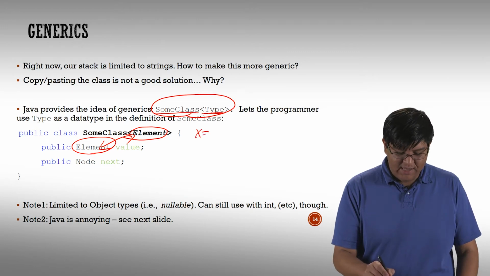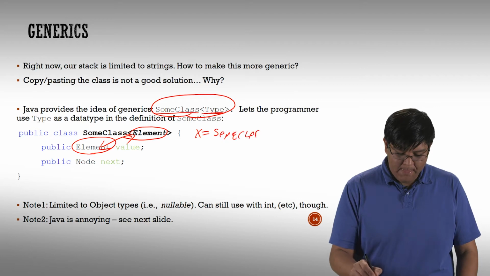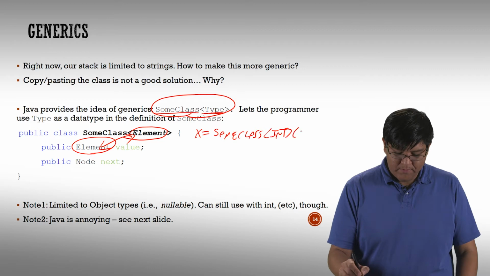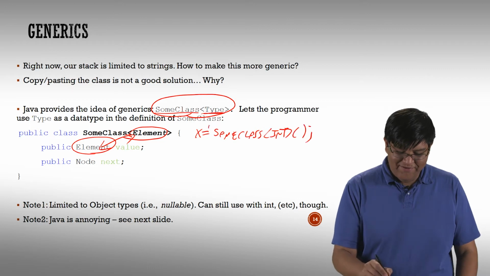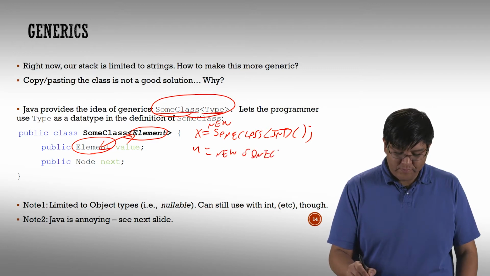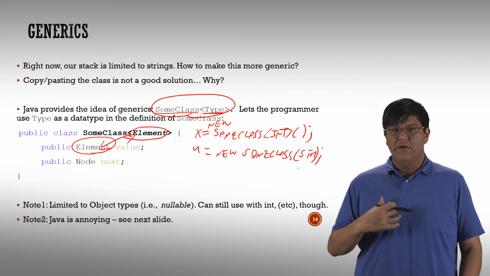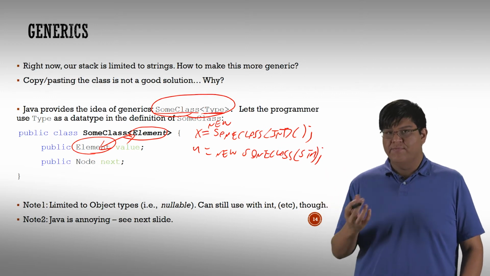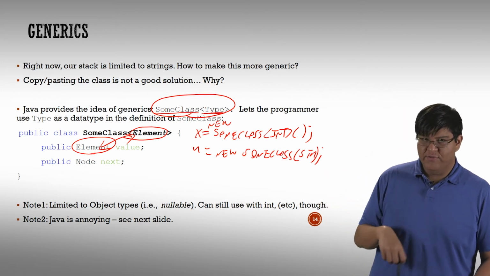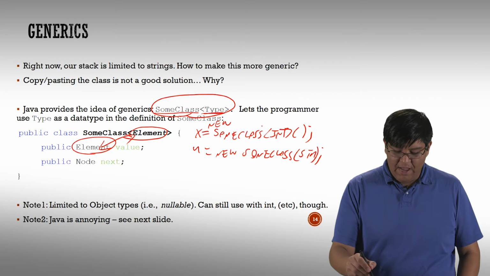It looks like this: x equals new some class of int, y equals new some class of string. Rather than just saying x is equal to new some class, open close parentheses, and a semicolon, I have these angle brackets and then a type in the middle.